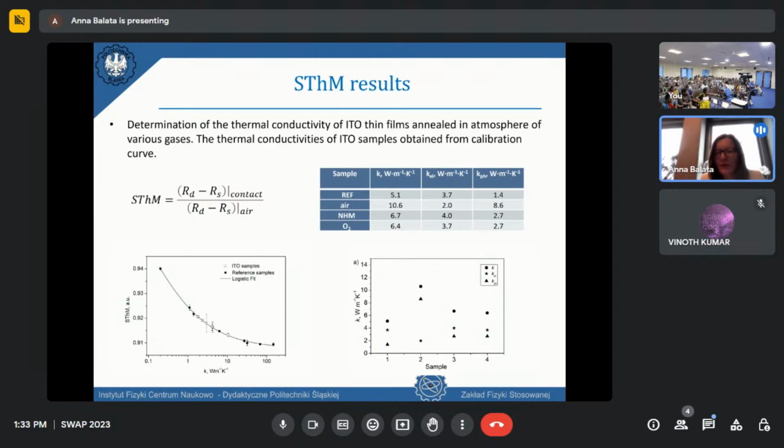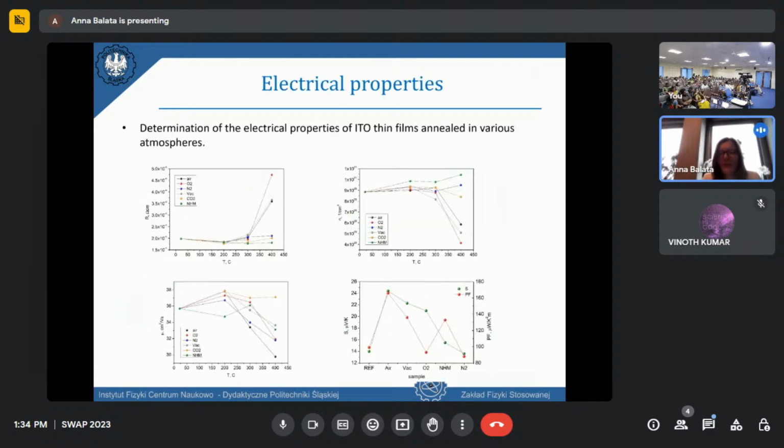We also calculated the electron and phonon part of thermal conductivity, and we can say that electron transport dominates over phonon transport in the case of indium tin oxide layers. However, this tendency was shifted in the case of the layer annealed in air, where we observed some kind of texturization in the layer. Then we also did electrical measurements.